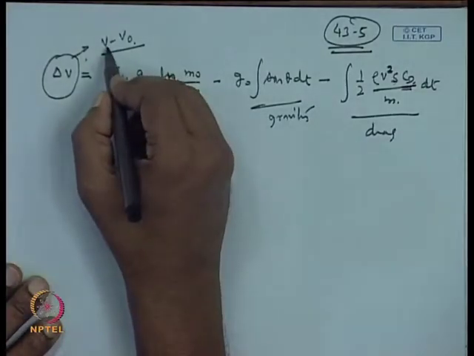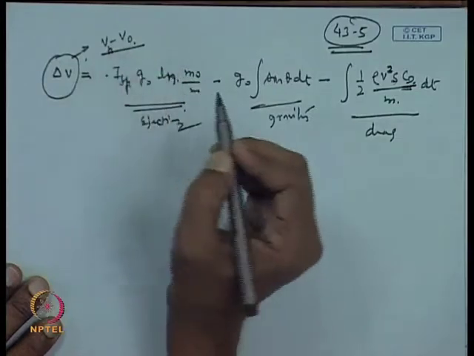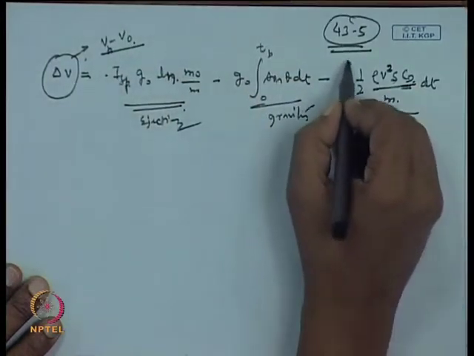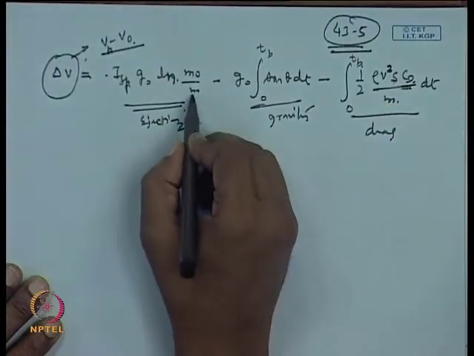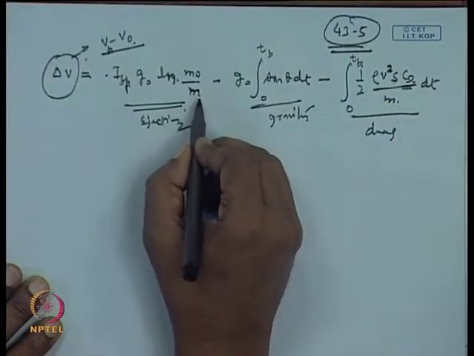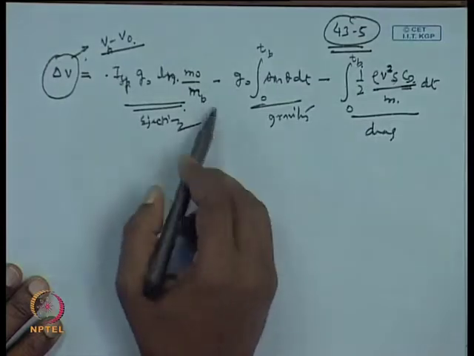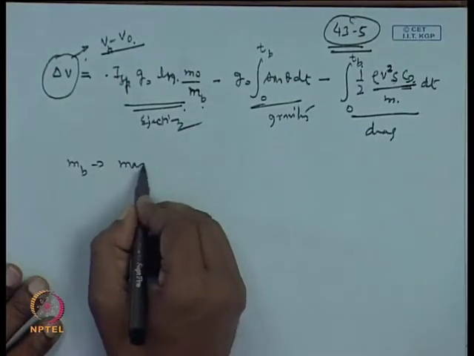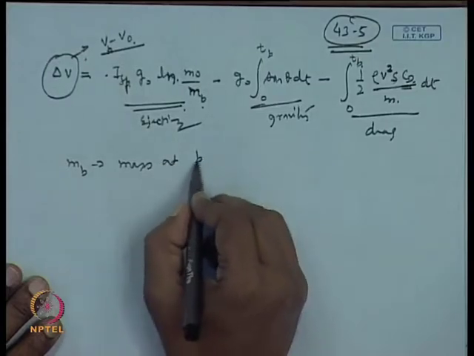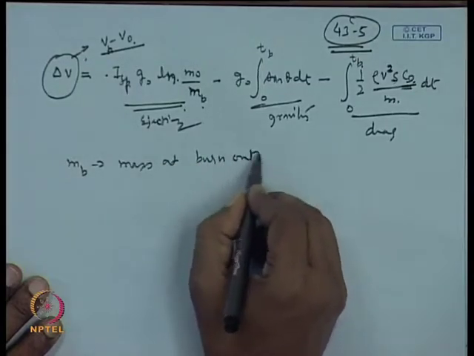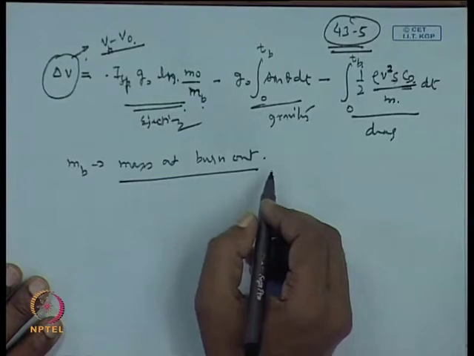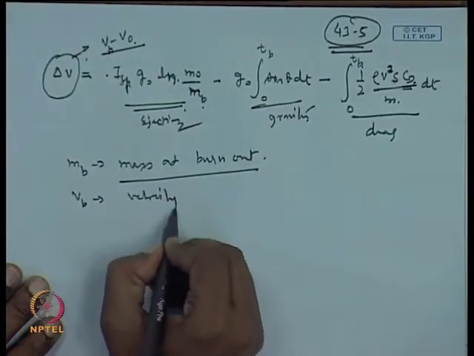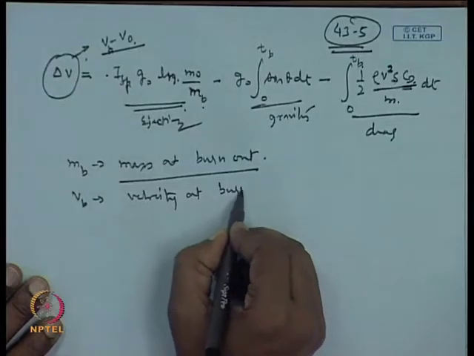So, we can write here V b minus V 0, indicating the time of the burnout to be T b, okay, and accordingly the mass of the rocket at the time of burnout we can show as m b. Okay, so, m b is the mass at burnout when all the propellants are burnt, okay, and V b is the velocity at burnout.